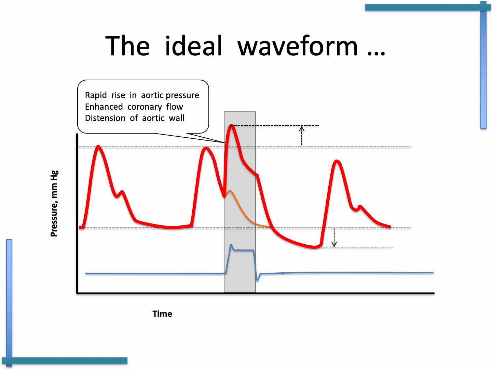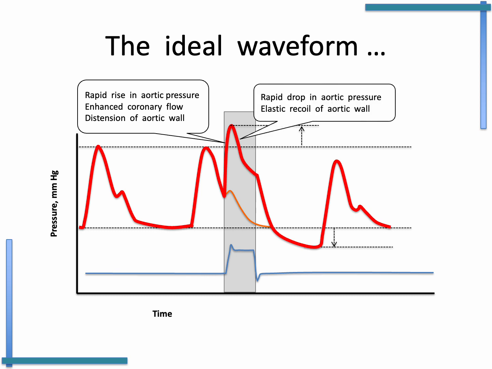In the first part of the balloon's activation here, so this is just after the aortic valve closes, we can see we get a rapid rise in aortic pressure, and this is what enhances that coronary flow by creating backflow into the aortic arch, and it distends the wall of the aorta.